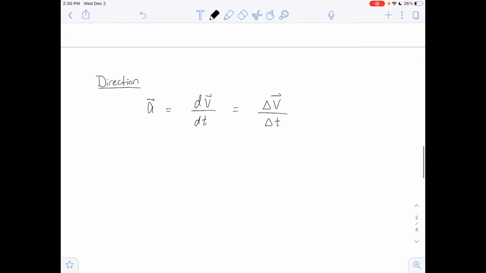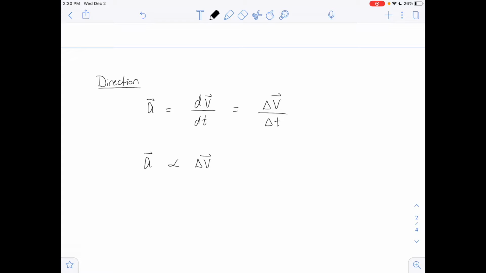And so from this equation, what we can see is that the acceleration is proportional to the change in velocity, which means that acceleration will have the same direction as delta v, change in velocity.